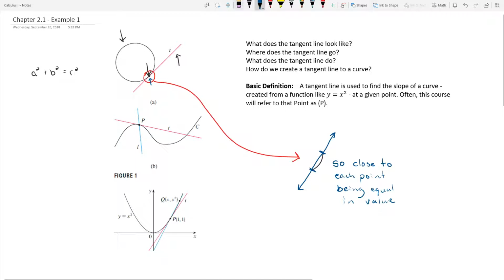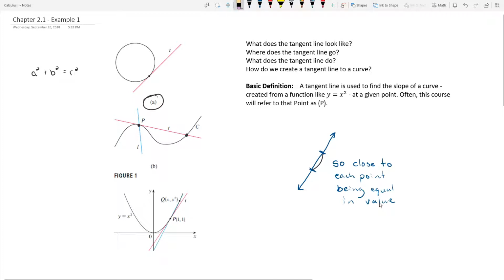So we're going to get into a lot more detail about the tangent. We're going to be working on what's called a secant. And a secant is the same thing, but on a scale of points, such as in this next graph, such as 2 points further apart on the curve.